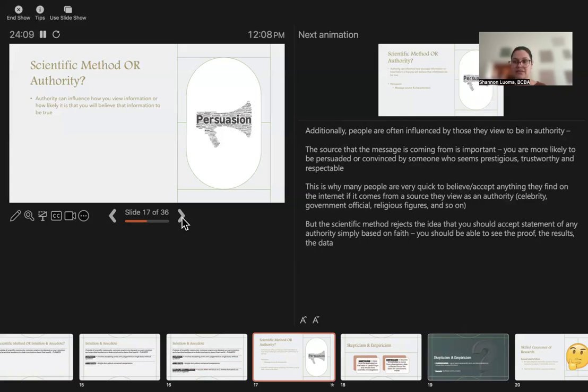You should question it. If someone says a strong statement, you should say, I wonder how they came to that conclusion. Let me do some research. And you're lucky that you can do the research in those peer-reviewed journals. You should be able to see the proof, the results, the data, the findings. If you can't see that, and you can't see that from multiple studies, then there's a problem.